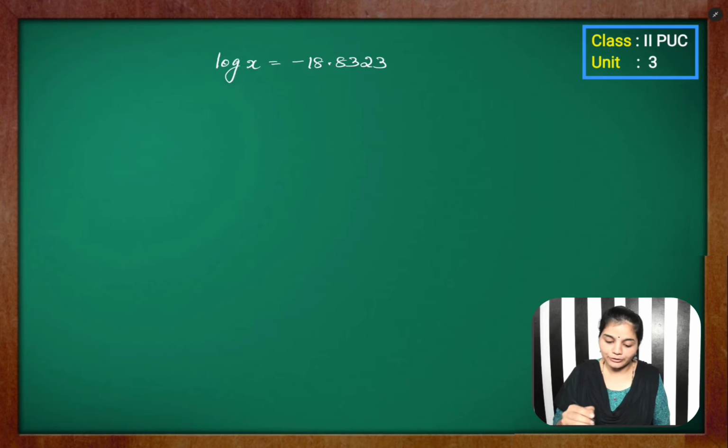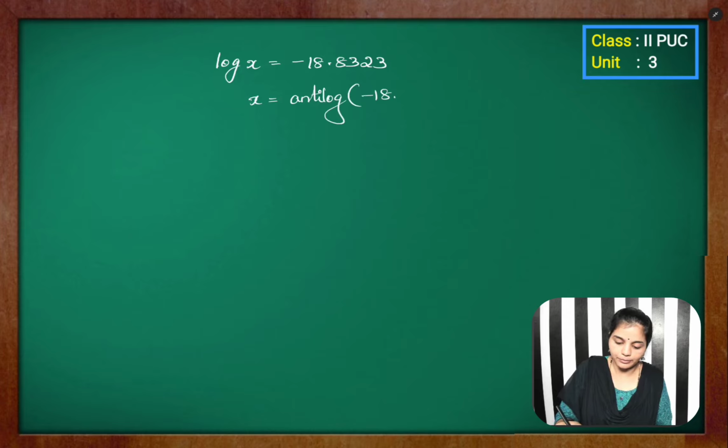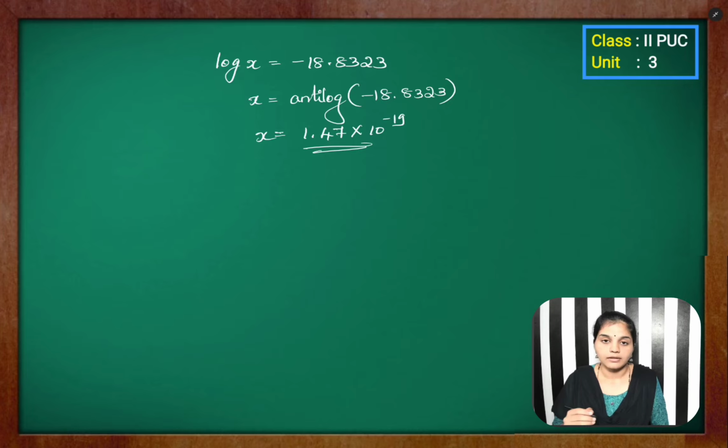In order to find the value of x, let us take the antilog. So the antilog of minus 18.8323 we will get as 1.47 into 10 to the power minus 19. Therefore we have 1.47 into 10 to the power of minus 19 fraction of molecules whose energy will be more than or equal to the activation energy.